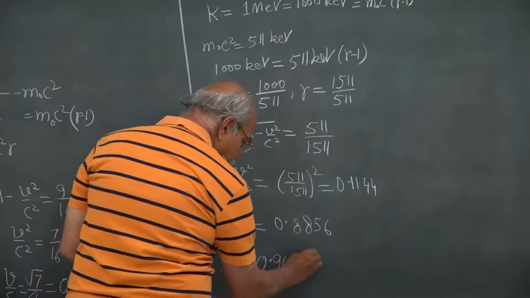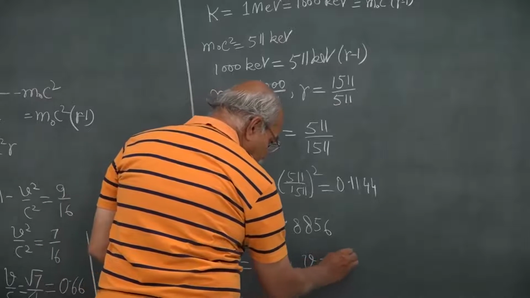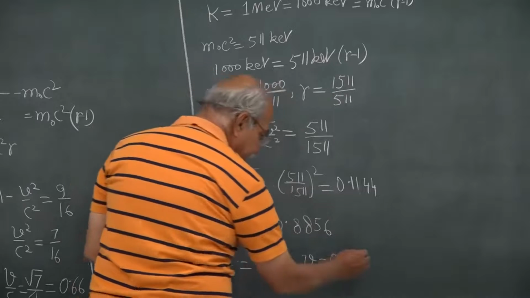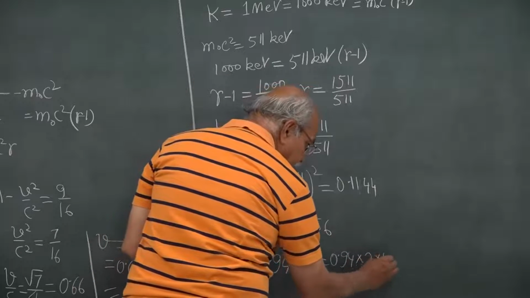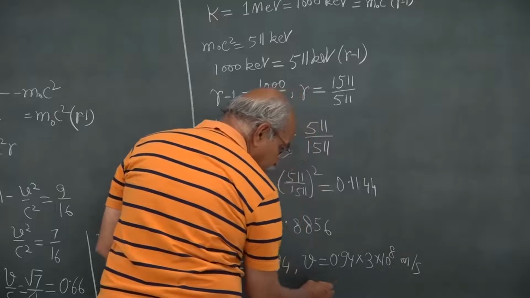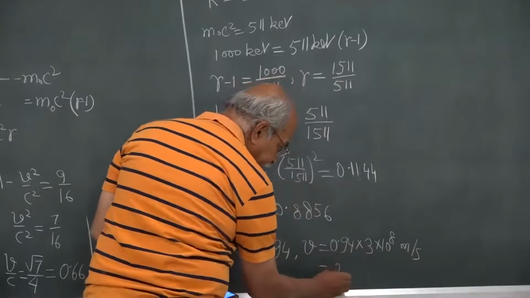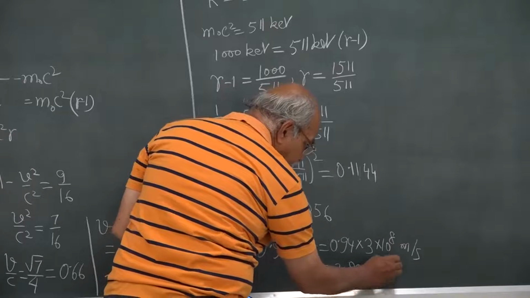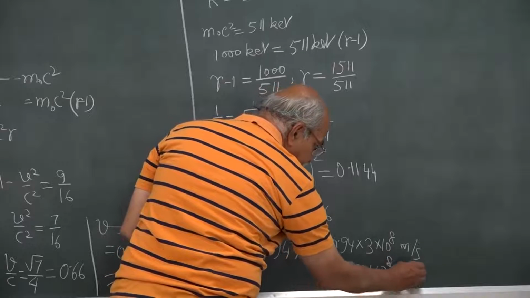So v is equal to 0.94 into c. c is 3 into 10 power 8 meter per second. So multiplying by 3, we get 2.82 into 10 power 8 meter per second.